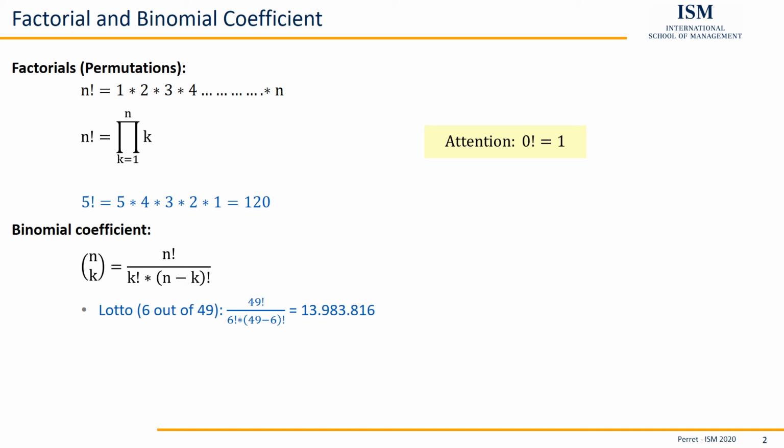So if you know how the Pascal triangle works, you know what the result for the binomial coefficient will be. On the other hand, the binomial coefficient is the mathematics happening behind the Pascal triangle.